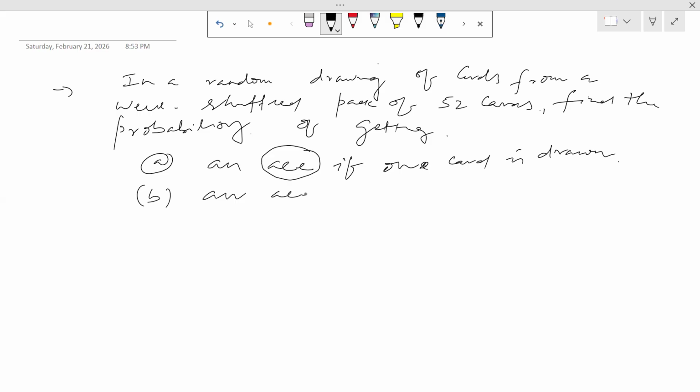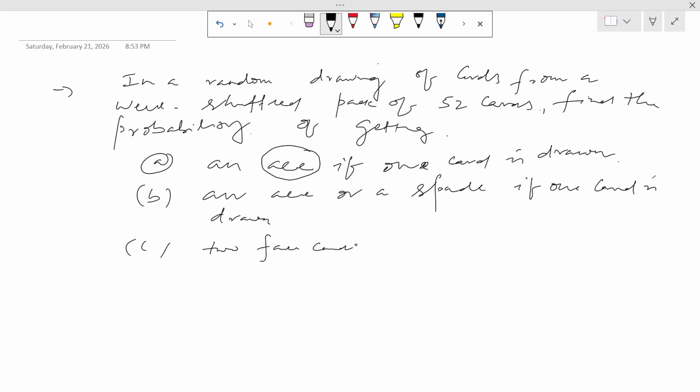Okay, thank you Sapna for your input. An S or a spade, if one card is drawn. Second, two face cards when two cards are drawn.